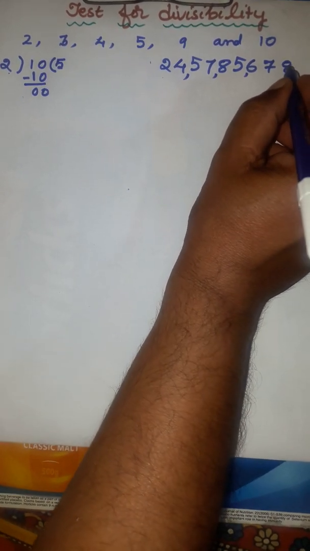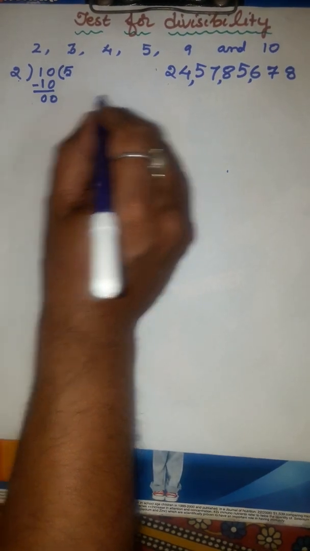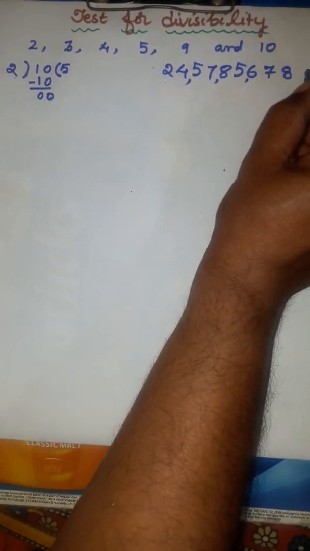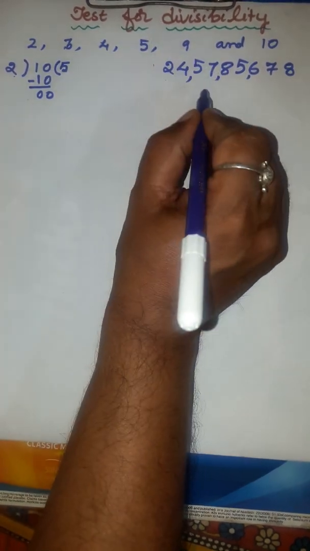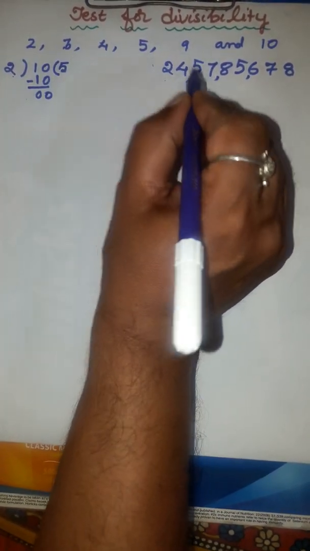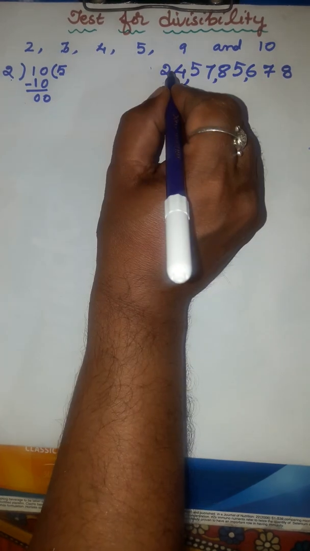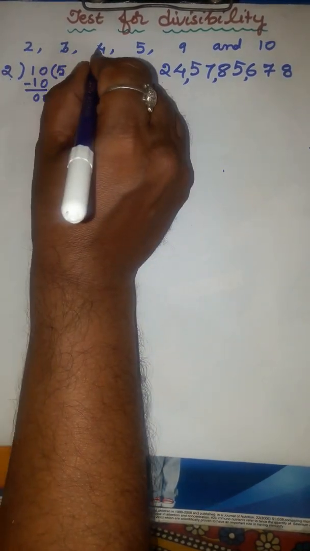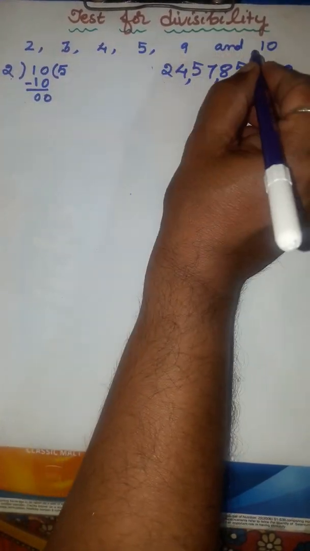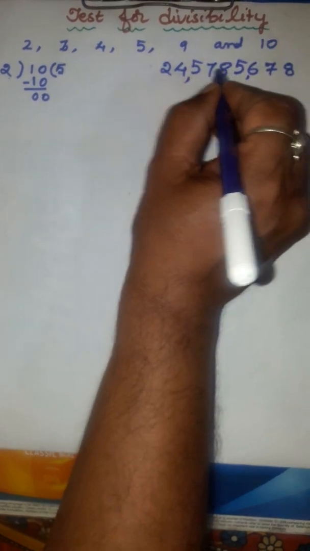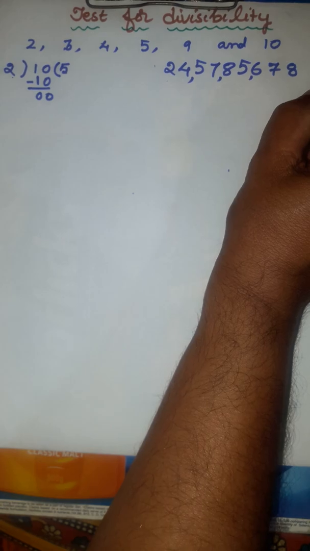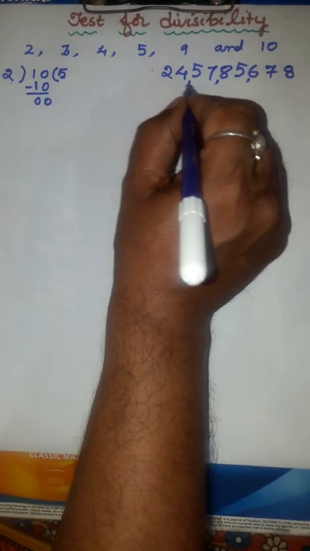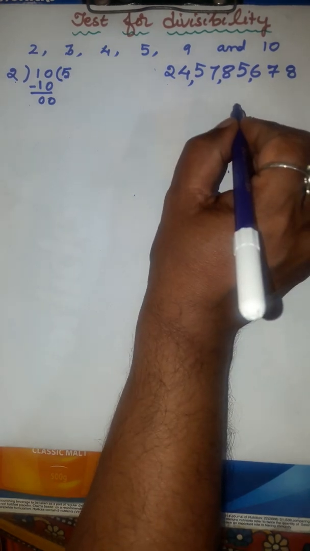So when dealing with large numbers like this, we need to know the techniques which help us to check whether a number, 2, 3, 4, 5, whatever, can divide the other number like these huge numbers without actually doing the division process.